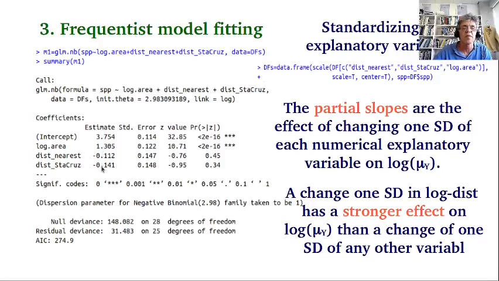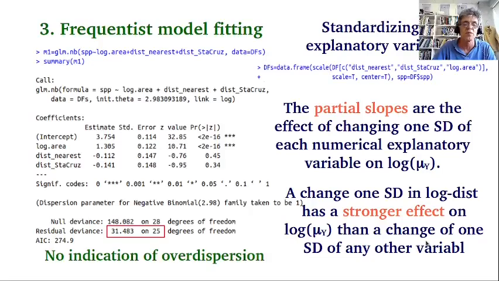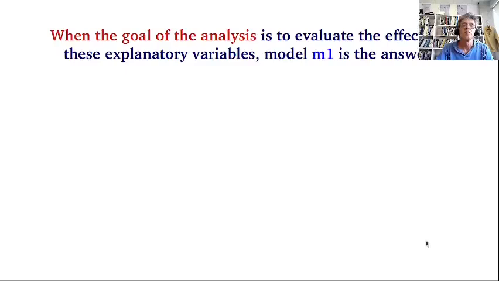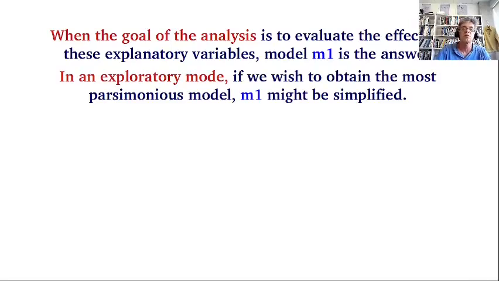Because these three explanatory variables are all on the same scale, as they were standardized prior to the analysis, we see that a change in one standard deviation of the log area has a much larger impact on the log of the mean number of species than a change in one standard deviation of any other variable. So again, I see no indication of overdispersion. When the goal of the analysis is to evaluate the effect of these explanatory variables, this is the final answer, the model that we just fitted.